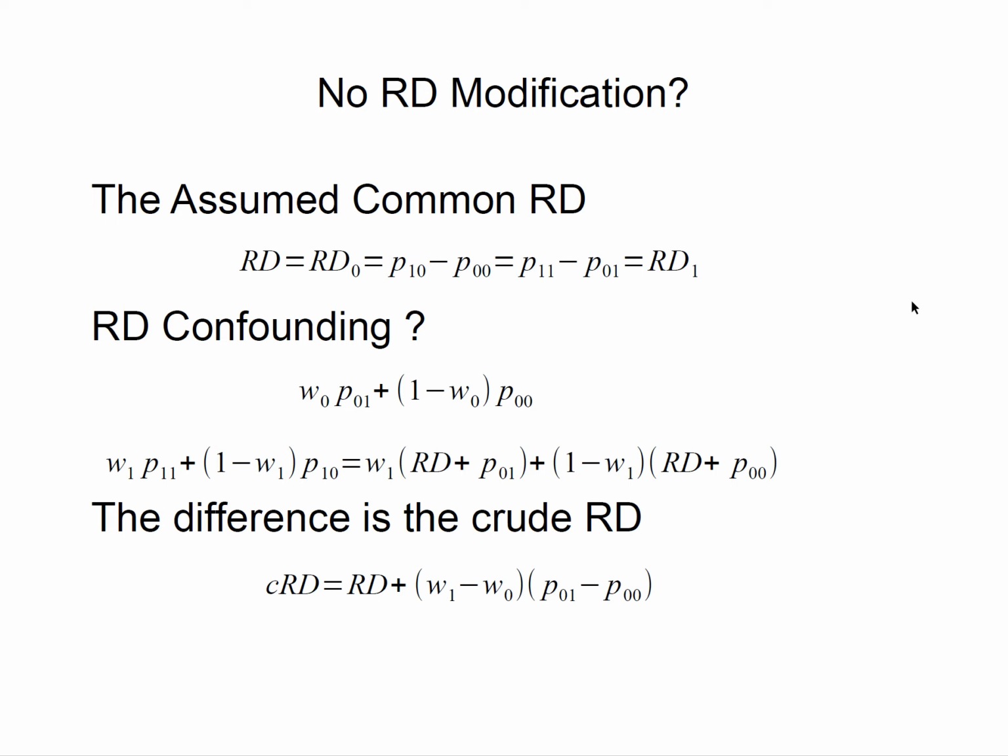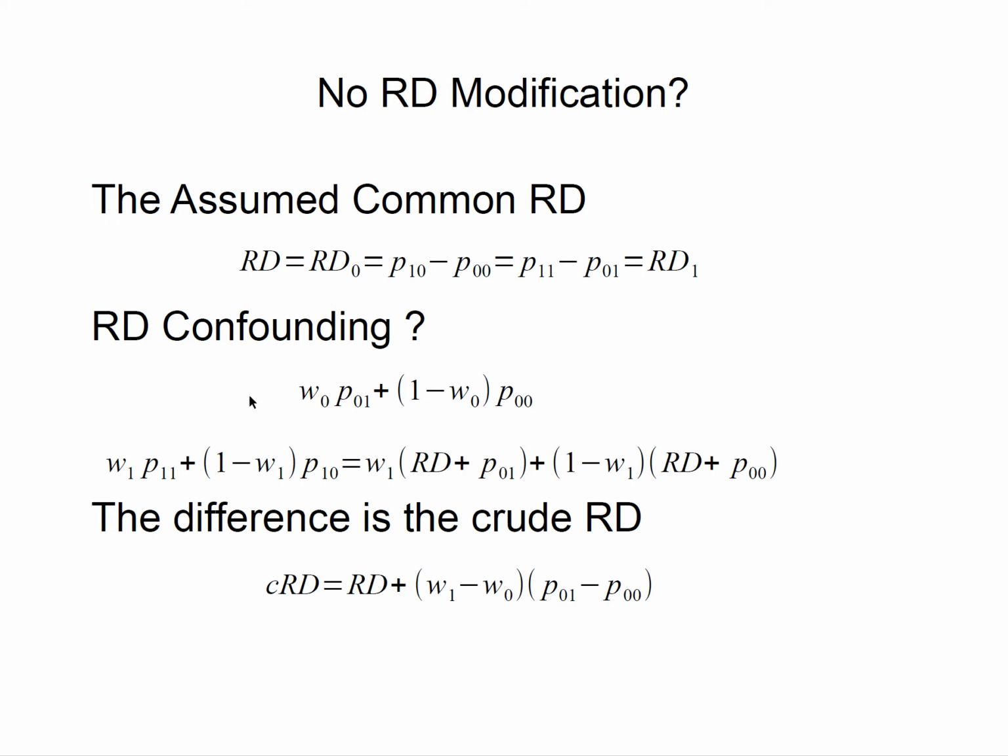Well, that means that the risk difference for strata 0 is the same as the risk difference for strata 1. Now, what is going to happen when we collapse the two 2x2 tables into one? Well, we get two probabilities. The first is the probability of disease for those who are not exposed.